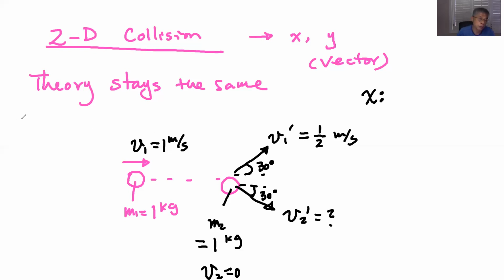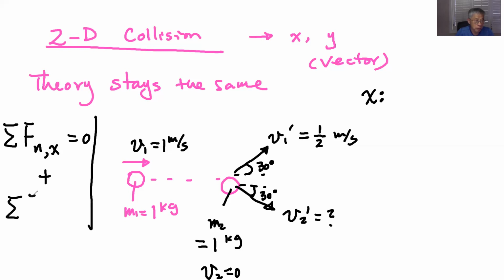All right, so don't forget this, right? In order for what we are doing here, this 2D collision, to be okay, we need to have the net force in the x direction equal to 0, plus the net force in the y direction equal to 0.